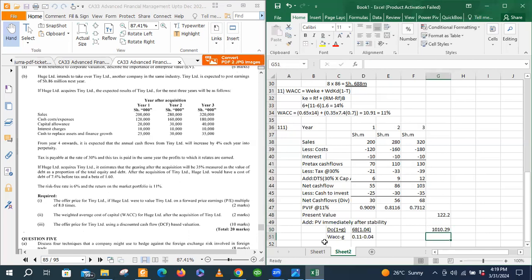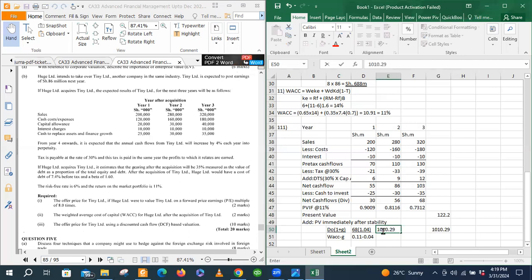Now when we add those two, that is when we get our total value. This one we don't discount. I think this one we should discount. Oh, we are supposed to discount. So this one is 10.29 times 0.7312.